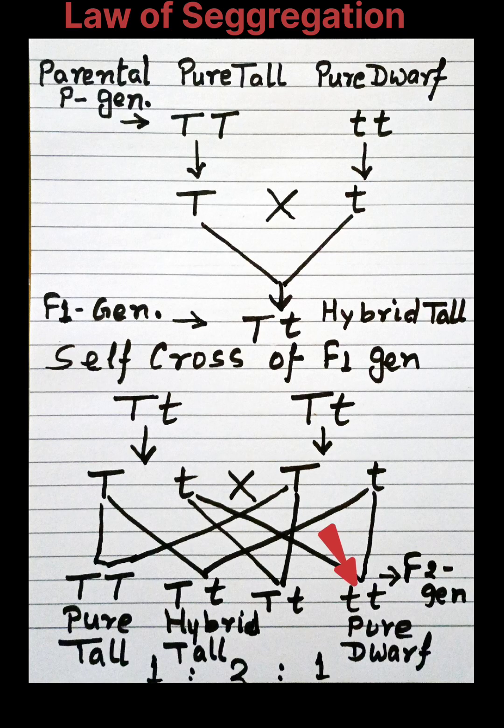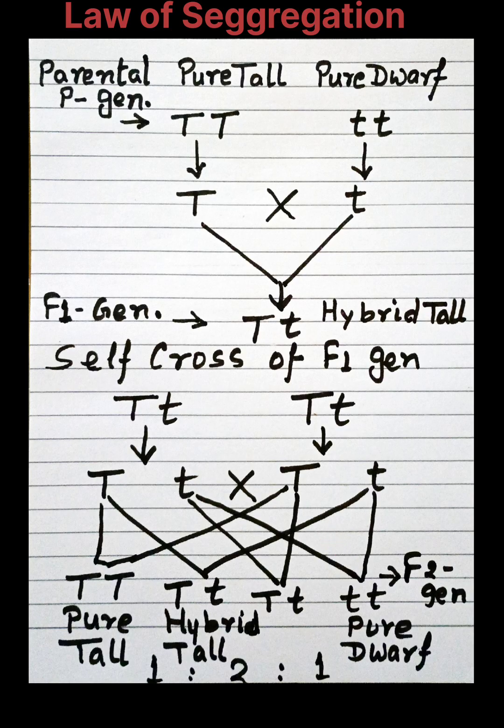The law of segregation is explained in this way. The obtaining of the recessive character in the F2 generation shows the hidden character in the F1 generation has been expressed in the F2 generation.